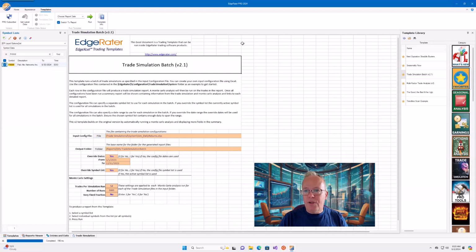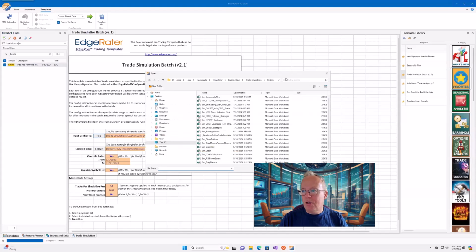Okay. So in the trade simulation batch template, all you have to do now is choose the new sim seasonality now configuration. When you click on this file button, it will actually open up the folder that contains all of the trade simulation configurations. And the very latest one to be added was this simulate seasonality now. So just select that.